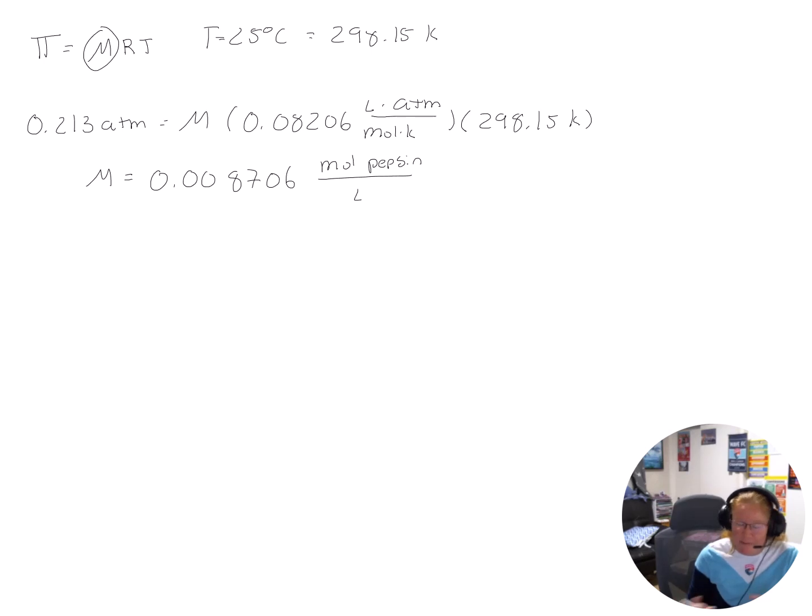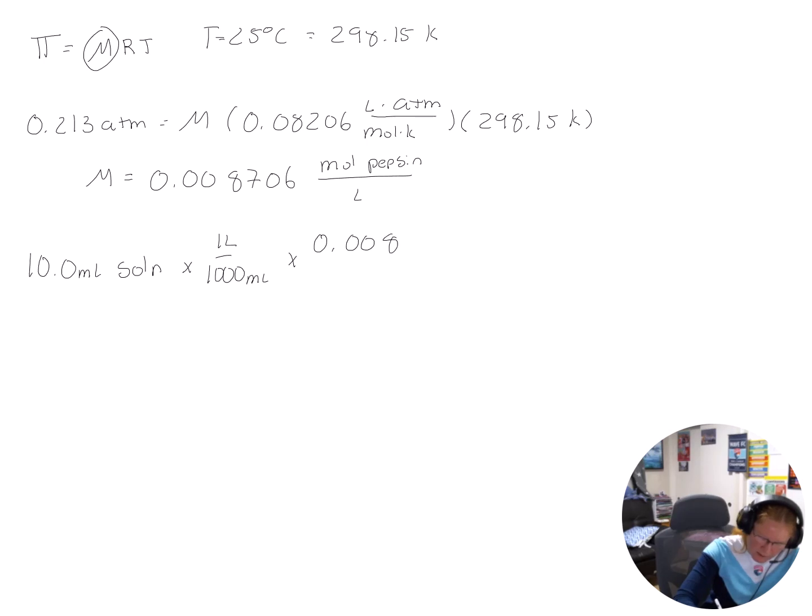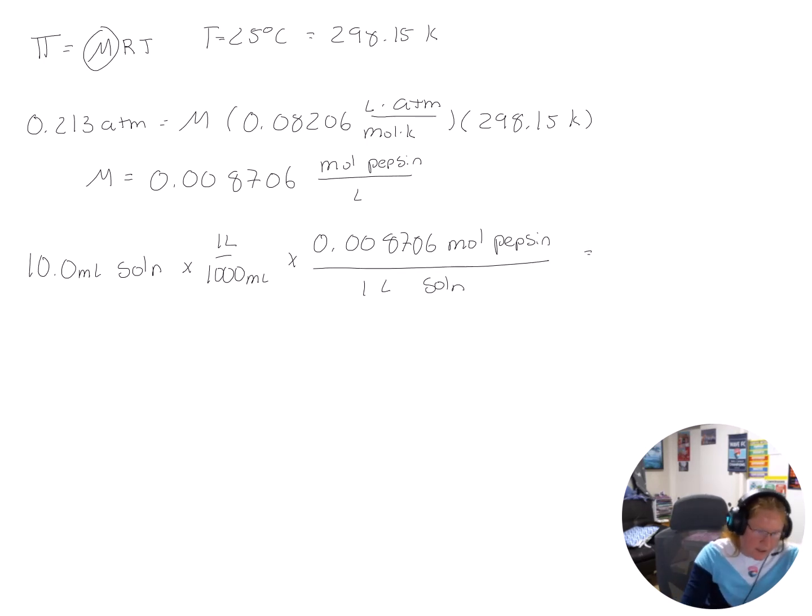Well, molar mass is grams per mole, so I need moles. So I have 10 mL of solution. I need a liter for every 1,000 milliliters. And then with that molarity, I have 0.008706 moles of my pepsin for every 1 liter of my solution. And so I get 8.706 times 10 to the negative 5th moles of pepsin.